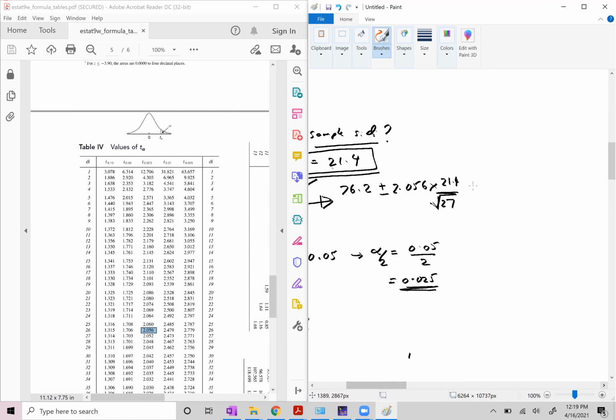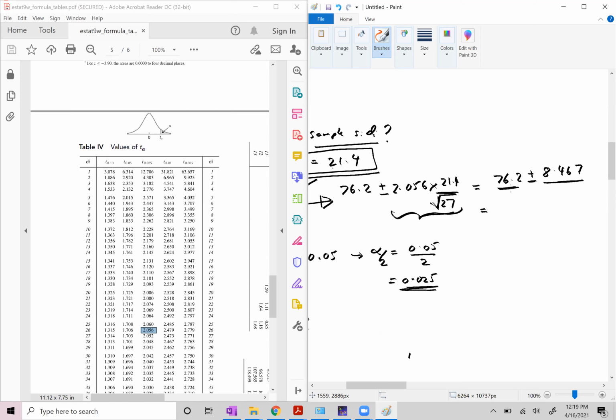Afterwards, it's simply using the calculator properly. So 76.2 plus or minus the answer for this part, which is 8.467. Use the calculator and you will see that it is 8.467. Next, you add this part to 76.2 to get the upper value of your confidence interval, and you subtract this value from 76.2 to get the lower value.